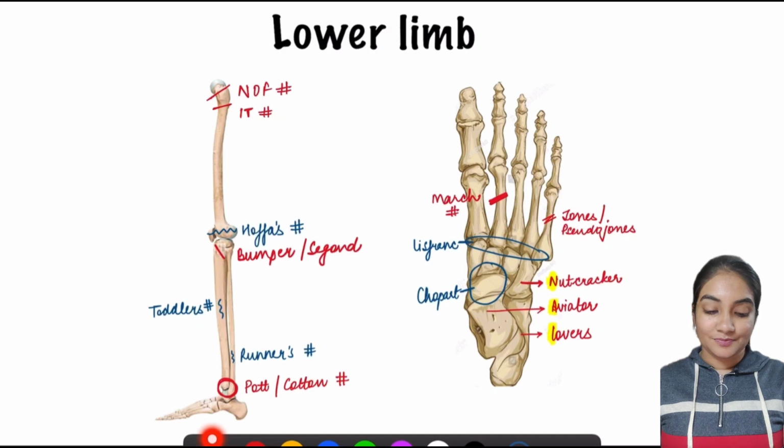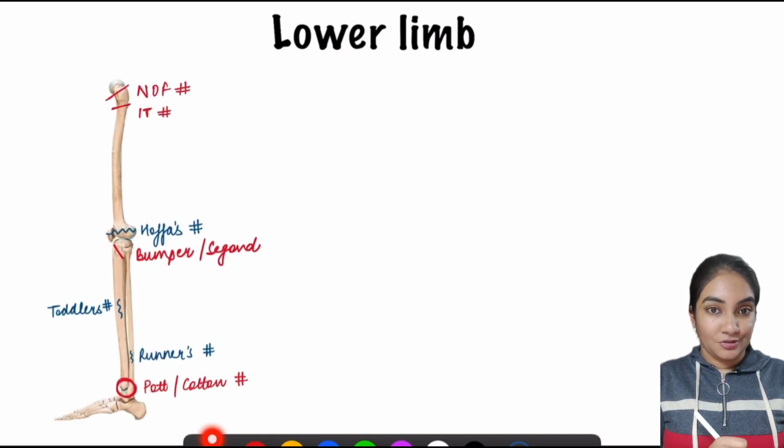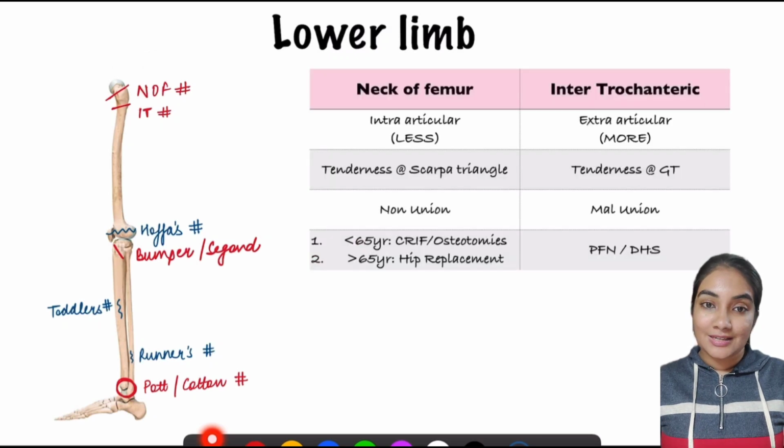So the scary picture of lower limb fractures looks something like this. Let's break it down. On the head of femur, we have two fractures, the neck of femur and intertrochanteric fracture. They are commonly questioned, so let's study them in a table format.